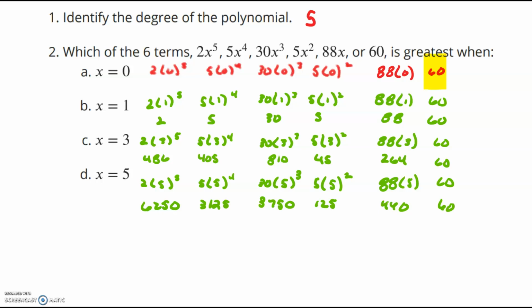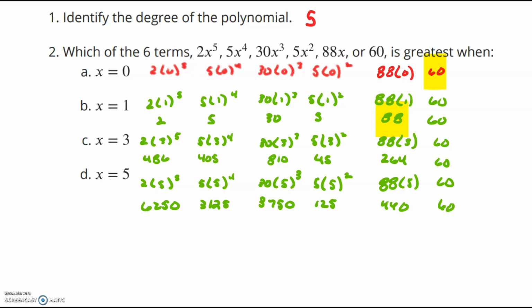We get these numbers, and what we want to do is figure out for each one of these values, x equals 1, x equals 3, x equals 5, which one of these terms has the greatest output. So whenever x is 1, notice that this term of 88x has the largest output.